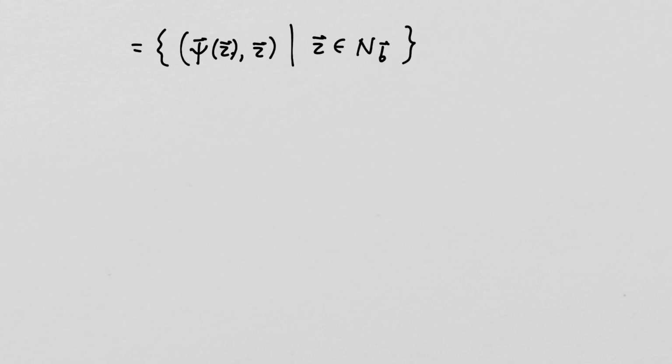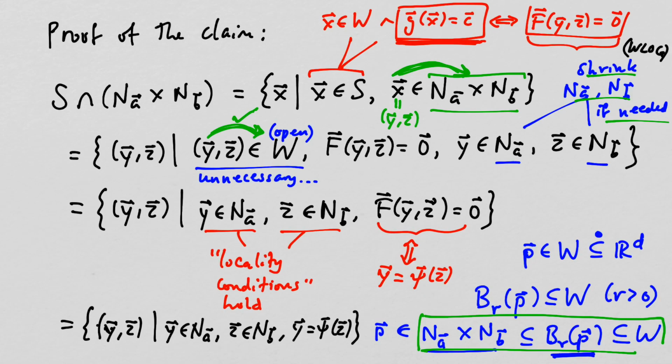See, that's the same thing, because all I'm doing is using this equation to replace y here with something equal to it, namely psi of z. And then we don't need any independent information about y. Oh, actually, we should check that. If I replace y with psi of z, do I know that this condition is going to hold? And therefore, can I just ignore it? I don't have to write it because it's automatic?